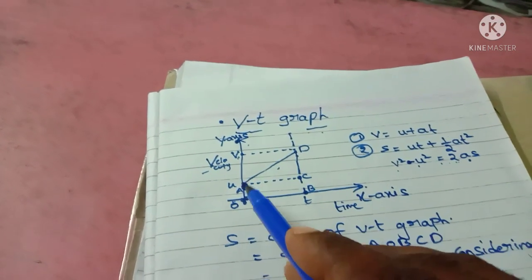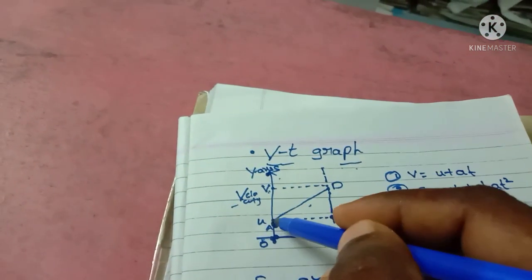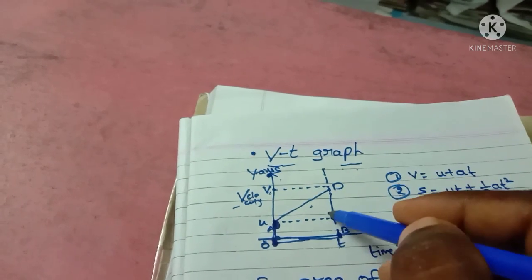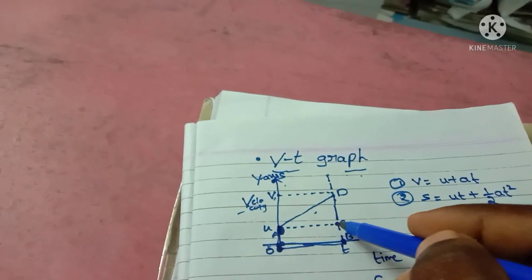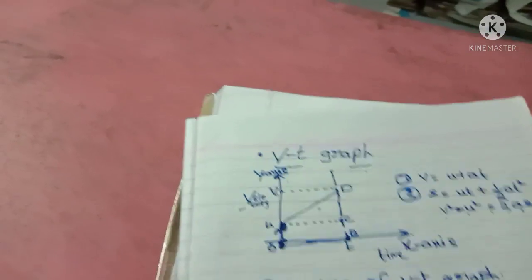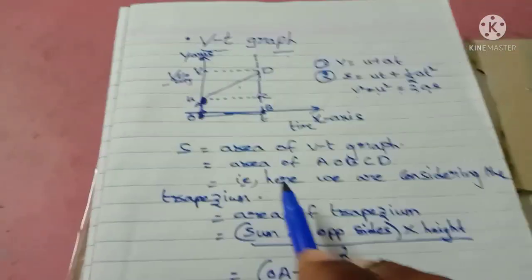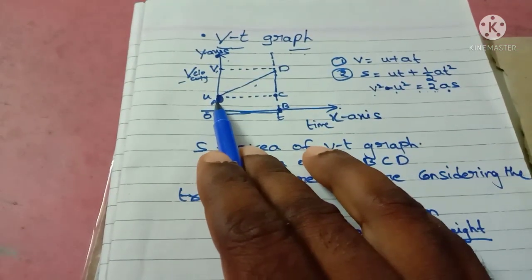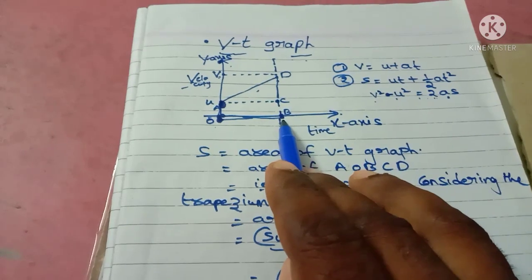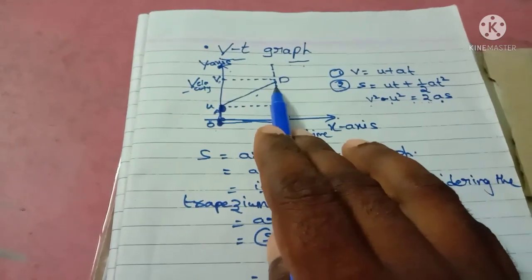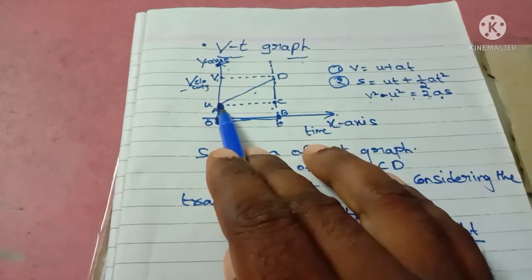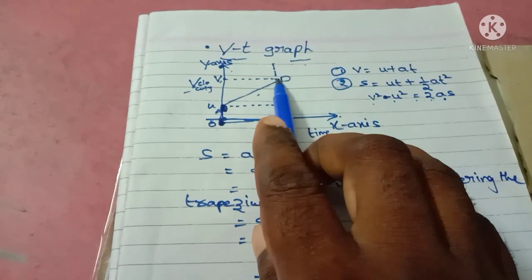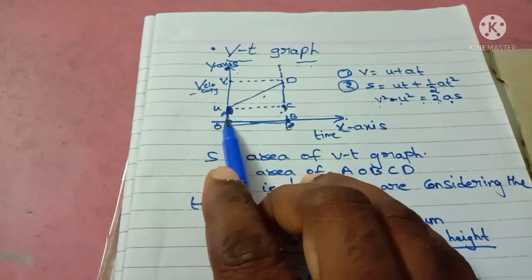Here we are considering this graph as a trapezium. See, I wrote here the area of the VT graph. What is the trapezium? A, O, B, C, D. This is the trapezium.